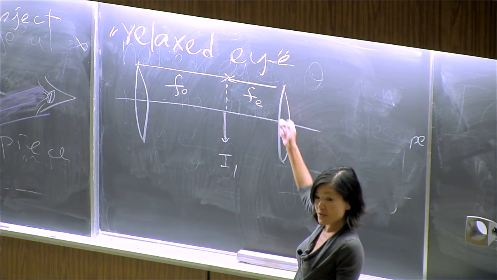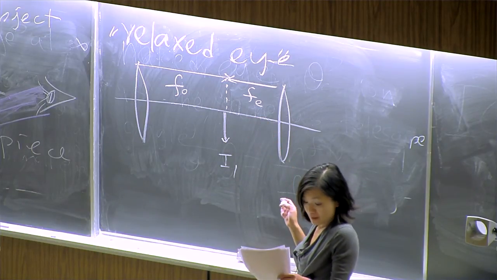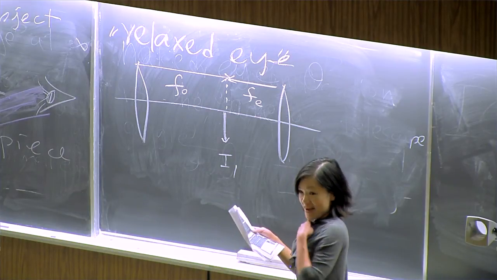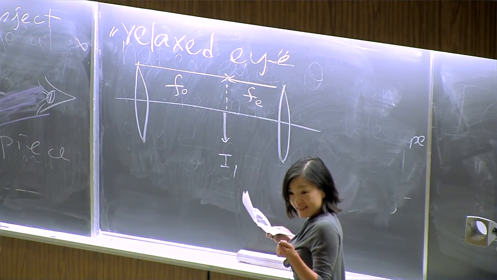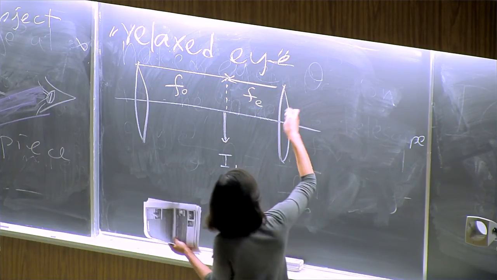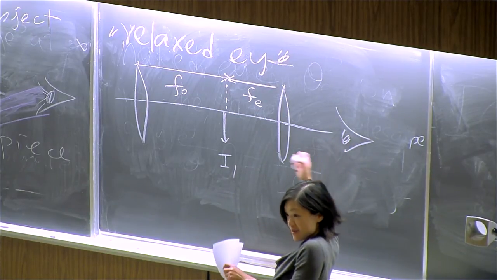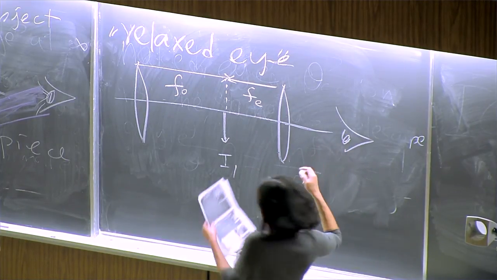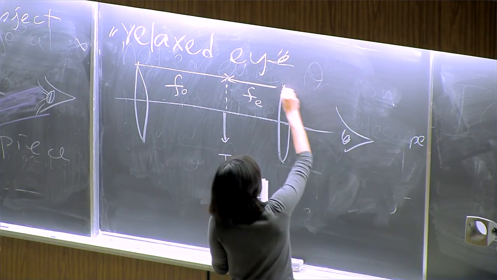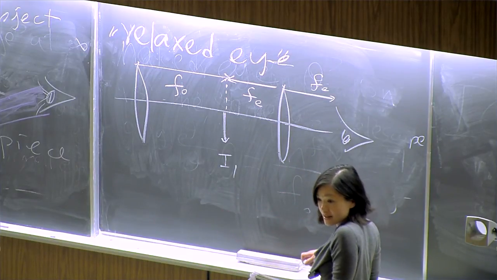So what is the distance between the two lenses? I already drew this for you: f0 plus fe. But then, of course, you have to take into account the fact that there's also a distance between the eyepiece and your eye. This is fe.